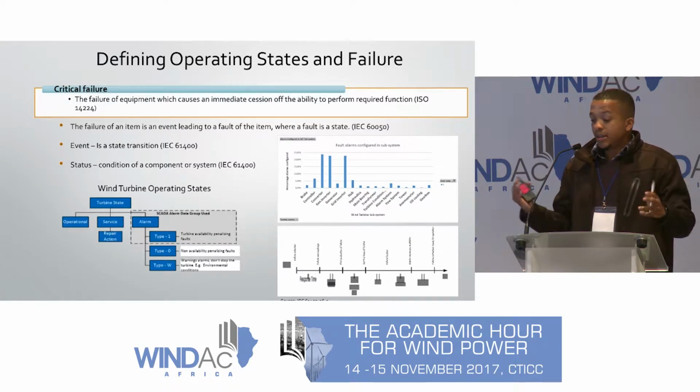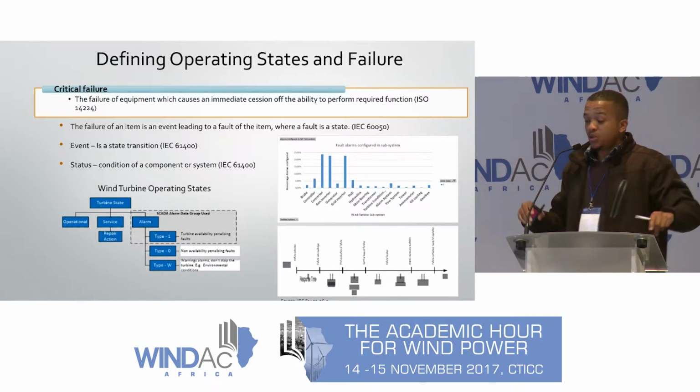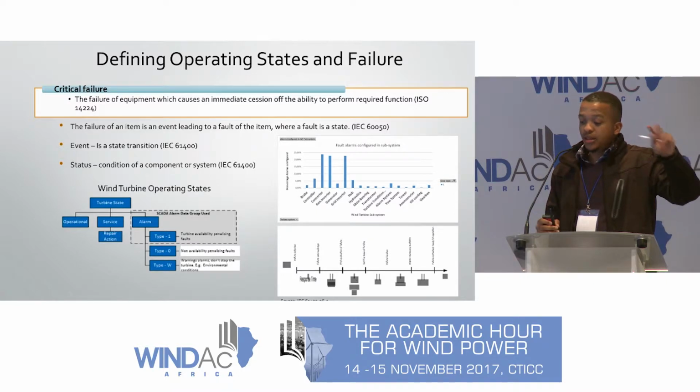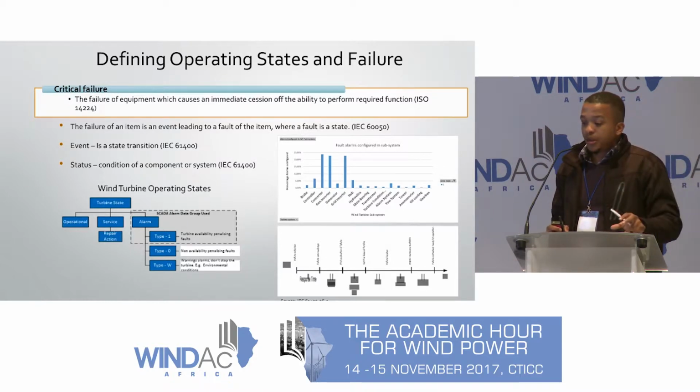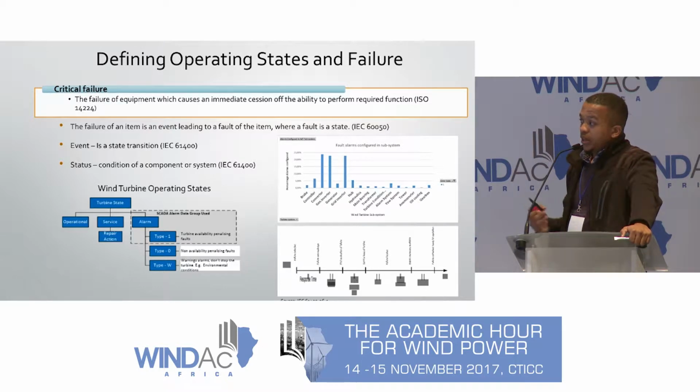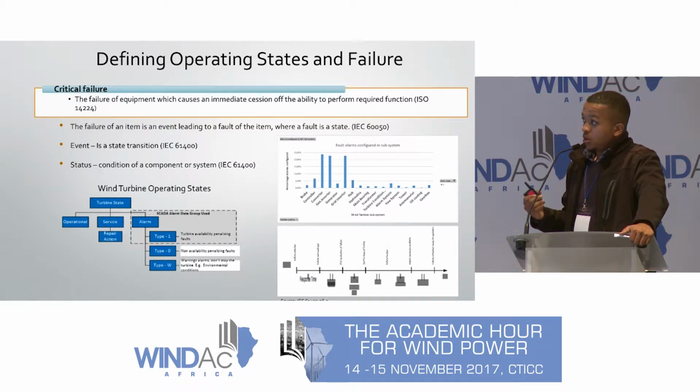The SCADA alarm data is split into different categories, so based on the alarm state that is active, you will be able to identify whether the fault that occurred within the wind turbine is due to component failure, or is it due to environmental conditions, or whatever the reasons may be for the turbine to be in the state it is in.